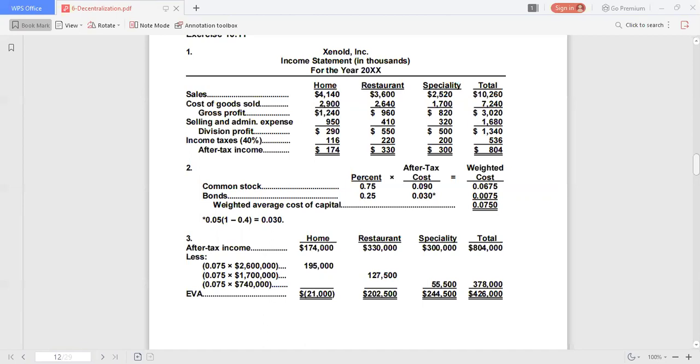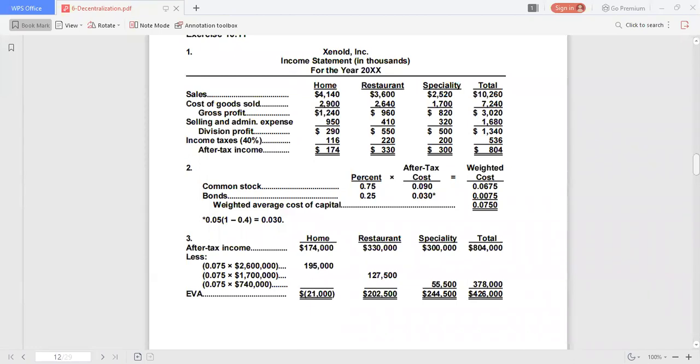That's for 475 times 2.6. 2.6 is the amount of investment in the home division. So we have 75, and then we have the same for the restaurant and for the specialty.